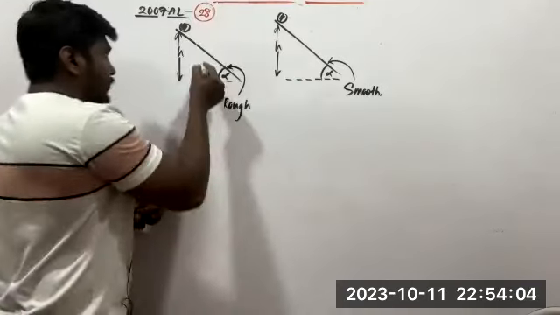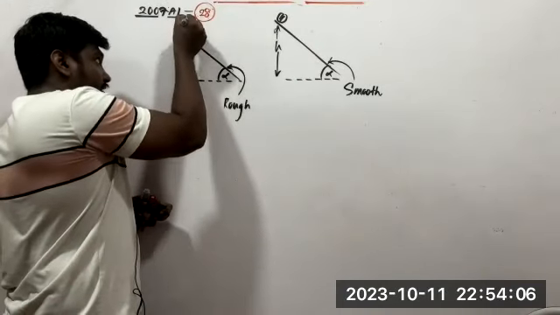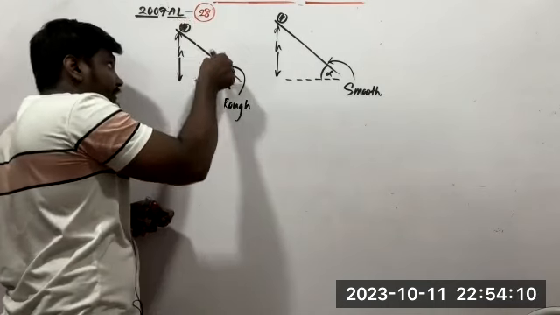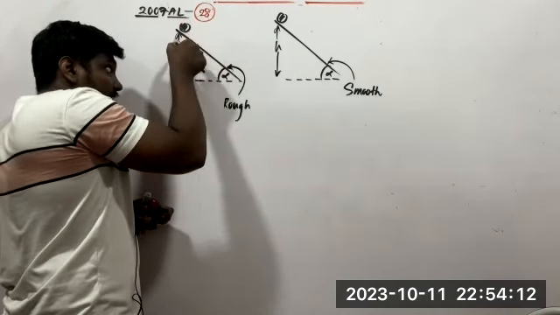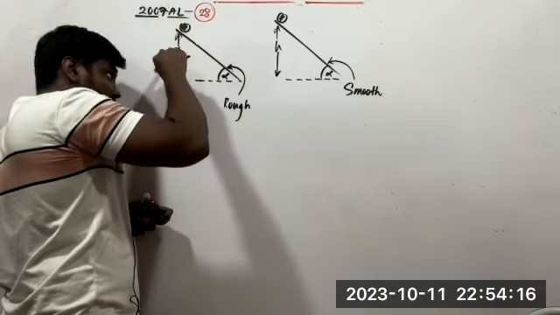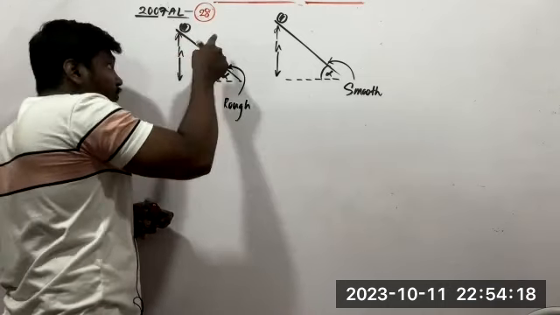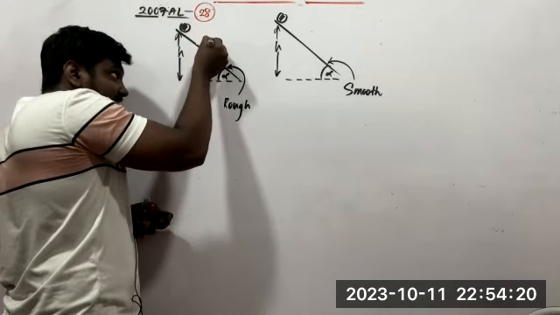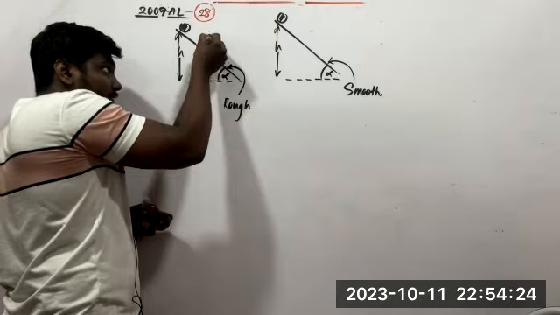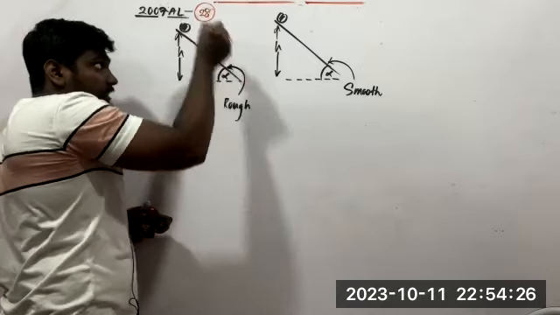When the sphere starts from rest and moves along this rough plane, what will happen to its gravitational potential energy? It decreases. That gravitational potential energy converts to linear kinetic energy plus rotational kinetic energy.